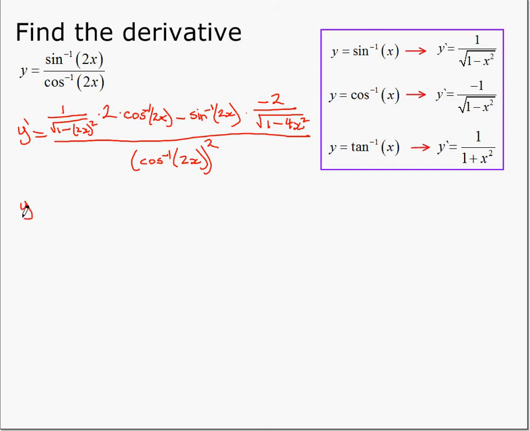We can simplify this a little. This and this are the same, so we have a common denominator.